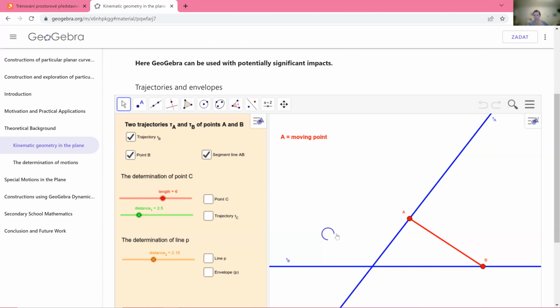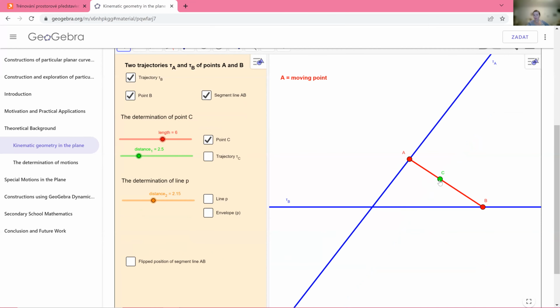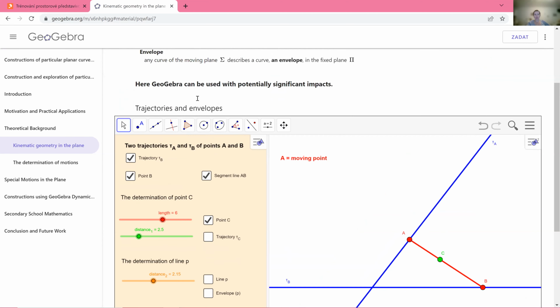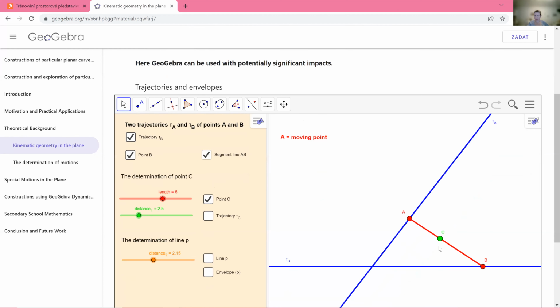Here you can see an example. Let's say point C will be moving in the plane and it will draw some curve. And then we can also see what some curves are drawing. A curve can move and it's describing another curve, which is called an envelope. So points are drawing trajectories and curves are drawing envelopes.